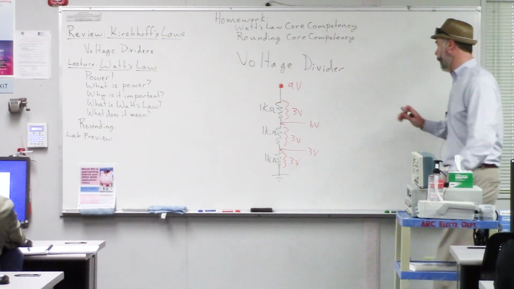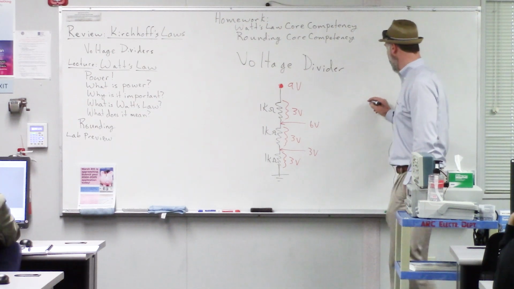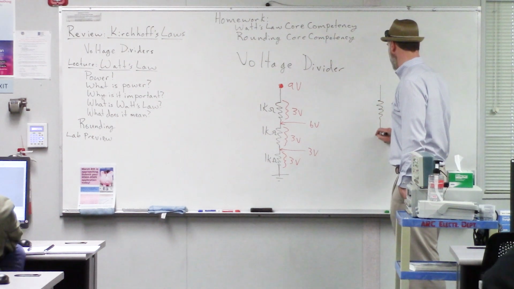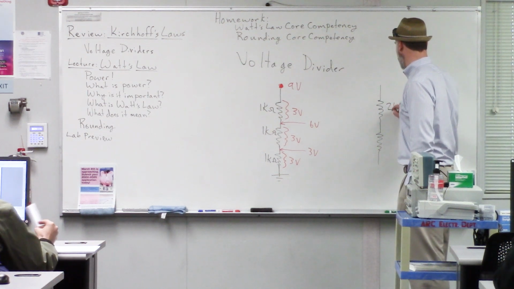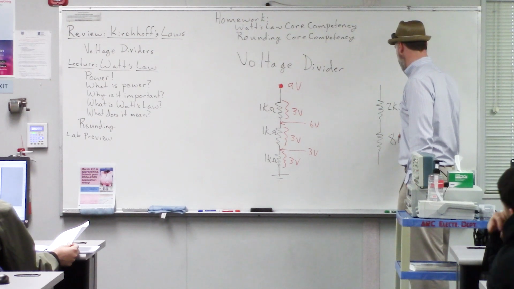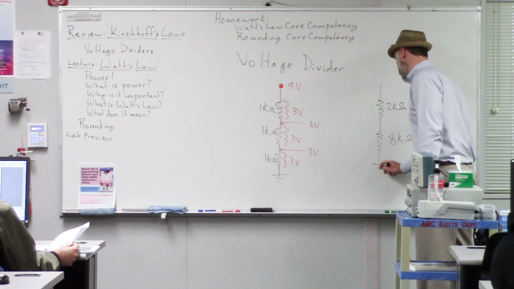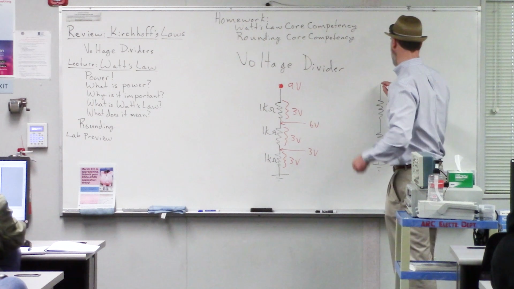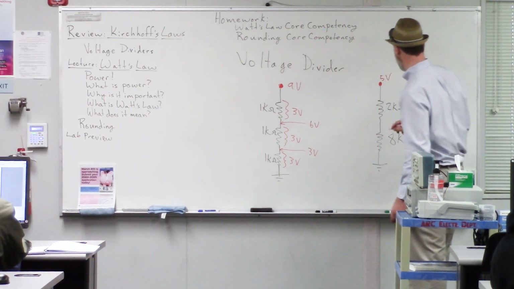So let's say we have a voltage divider, and one of these resistors is 2 kiloohms, and the other resistor is 8 kiloohms. Okay? And we got ground down here, and let's say we have 5 volts up here at the top.